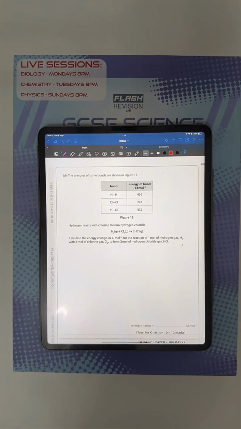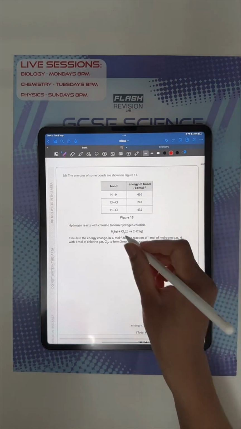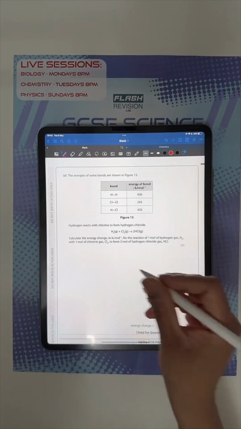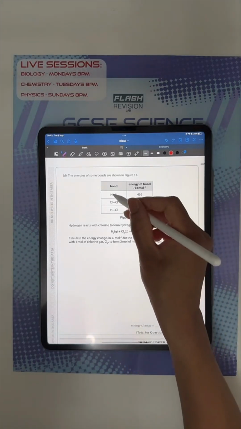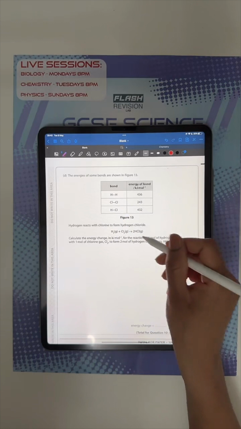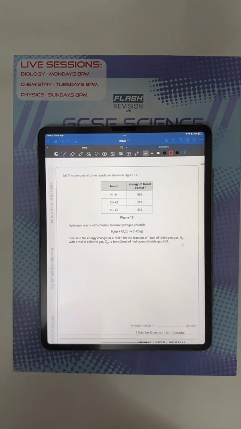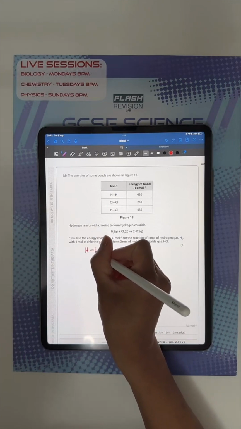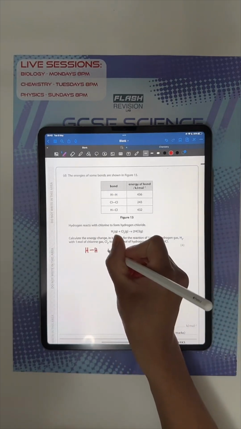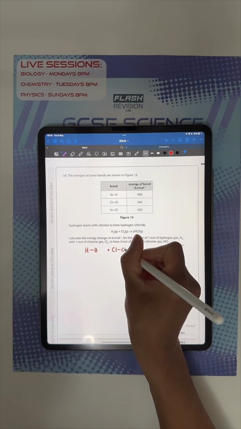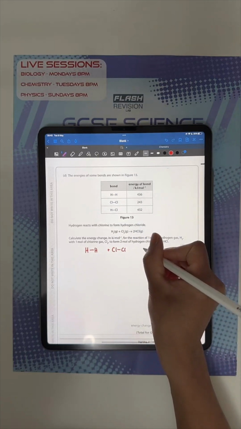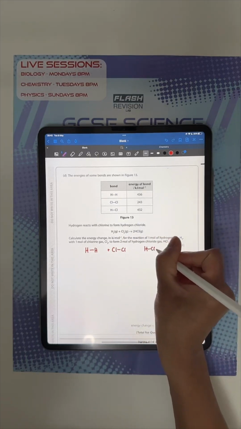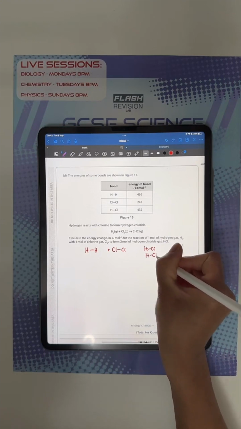All right, another bond calculation here. Calculate the energy change. Right, so H2 plus Cl2 goes to 2HCl. This time they haven't given the bonds in the actual equation, so maybe I can do that here. H2 plus Cl2, which is a Cl to Cl bond, goes to form two HCls.